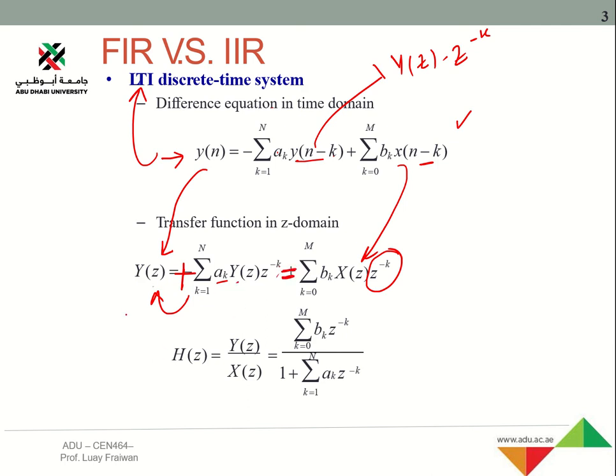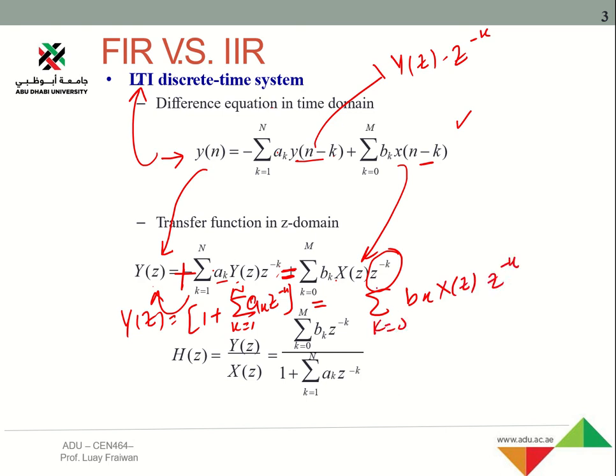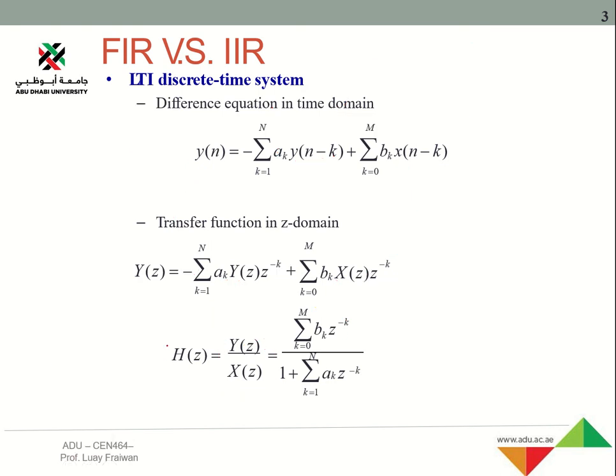Here, if you take y of z common, it will be 1 plus this term, a of k z to the minus k, which will be equal to this term, b k x of z z to the minus k, where k is from 0 to M. So the ratio of y of z over x of z is our transfer function, equal to this term divided by 1 plus this term. This is the characterized transfer function which you have learned in chapter 1 also, so this is just a review of that.